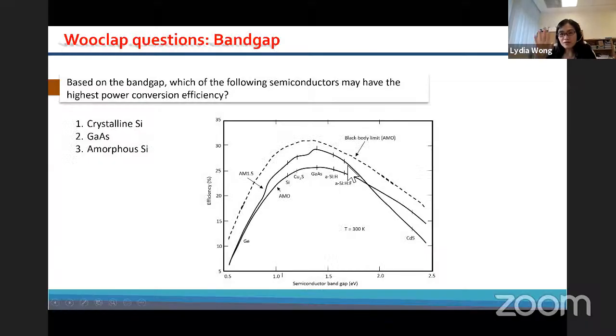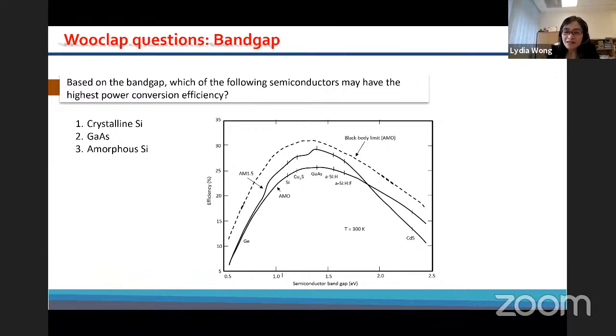Okay, let me show you my PPT again. So the smaller the band gap, that means there are more photons with higher energy that can be absorbed.